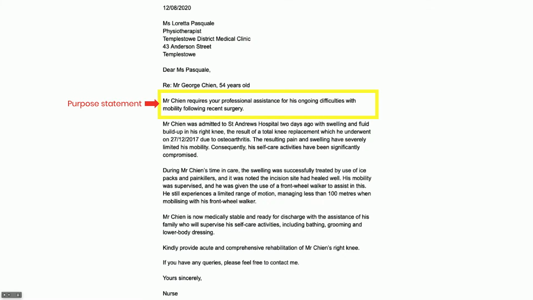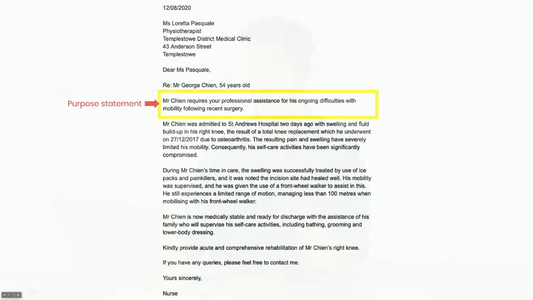So this part of the letter will always be the purpose statement. How you write the purpose statement does have a sort of semi-structure here. This one, for example, says, Mr. Chien requires your professional assistance for his ongoing difficulties with mobility following recent surgery. So this purpose statement really is the main medical issue explained.